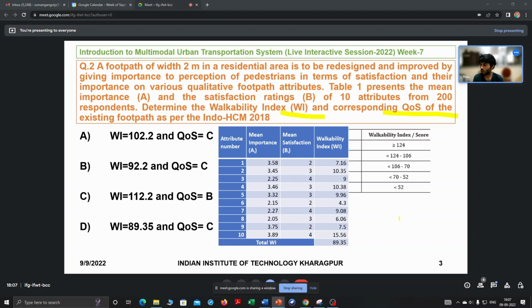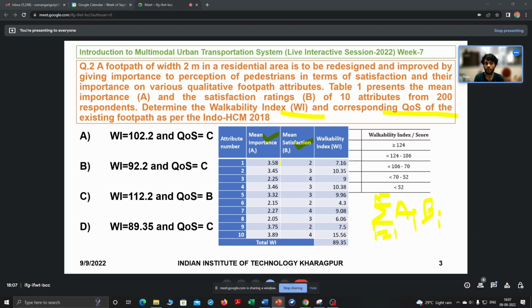Without wasting too much time, as it is very straightforward, we know that it is just a summation of Ai into Pi, where i equals 1 to n, with n the number of observations or data points we have, right? Suppose you have this mean importance and this mean satisfaction. These are the mean scores from the questionnaire, the mean score of each attribute.